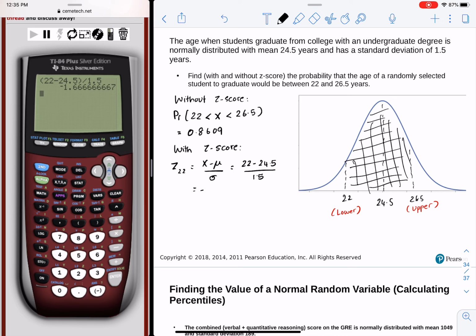We get negative 1.67, and the z-score corresponding to 26.5 is x minus mu over sigma, where x is 26.5 minus 24.5 over 1.5.